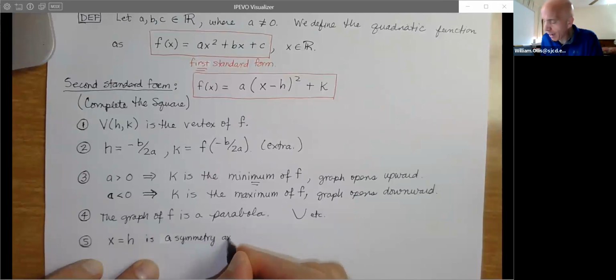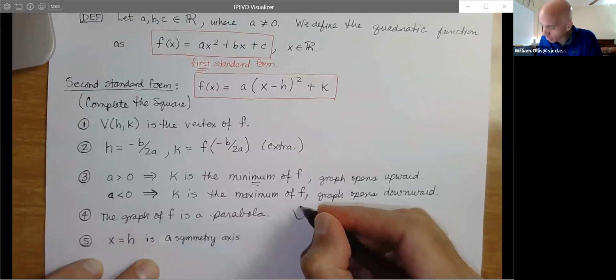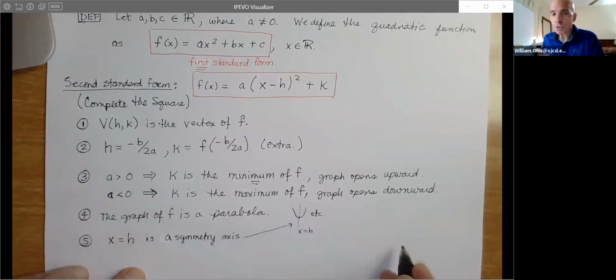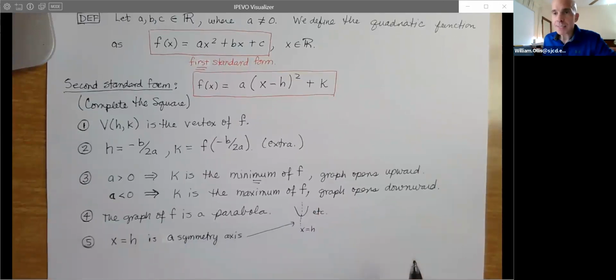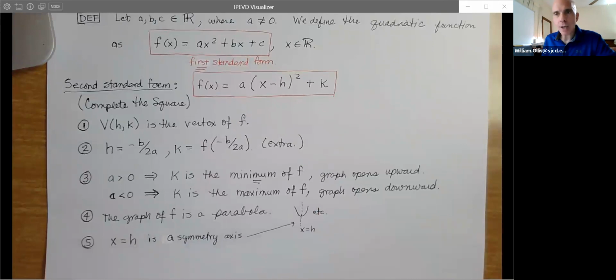So it's like the y-axis being a symmetry axis. For instance, the vertex is down here and you put the vertical line here, you get x equal h. It divides the graph into 2 symmetric pieces. So basically here, you're thinking, okay, this just gives me some extra information about the quadratic function.